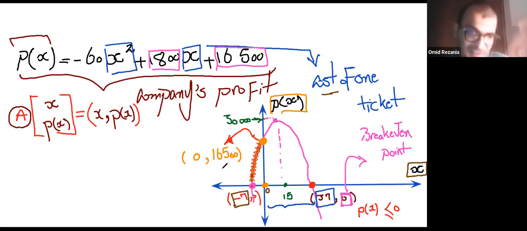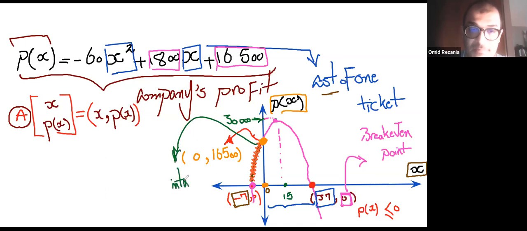It depends on what they do. Maybe they sell ice cream in the theater, and even if they do not sell tickets for the theater, they make this profit because of selling the ice cream. And that's going to be the value of our intercept, which, guys, remember in your exam, you have to interpret the definition of your intercepts.